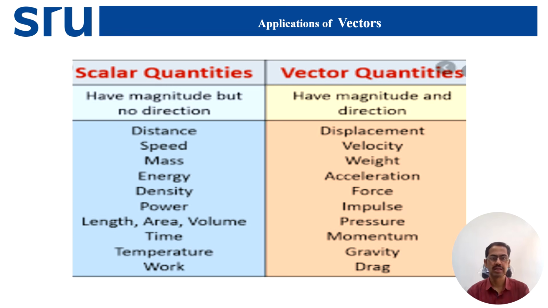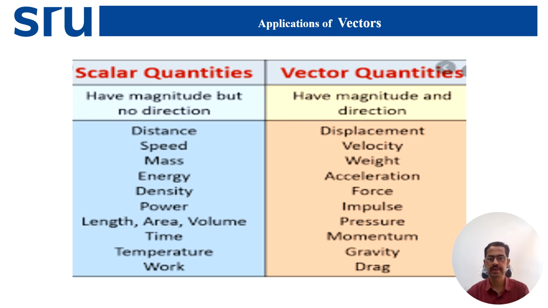So some more examples of scalar quantities and vector quantities. Scalars have magnitude but no direction: distance, speed, mass, energy, density, power, 30 amps power, 20 amps power, length, area, volume, right? Time, temperature, work, right? These are scalar examples.